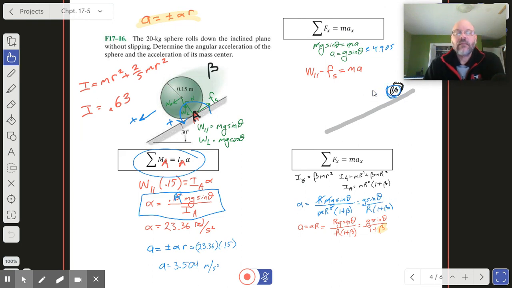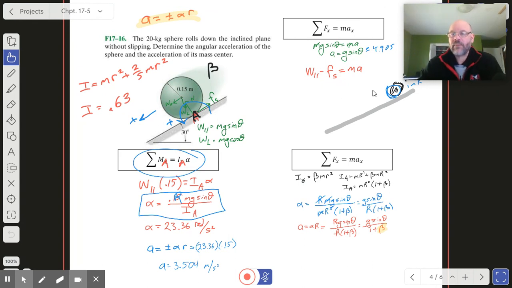And they've got the same mass and they're the same size. But for the disc, the moment of inertia is 1/2 mr squared. Oh, I should do that color appropriate, huh? For the disc, beta is 1/2. But for the hoop, beta is 1. It's just mr squared.